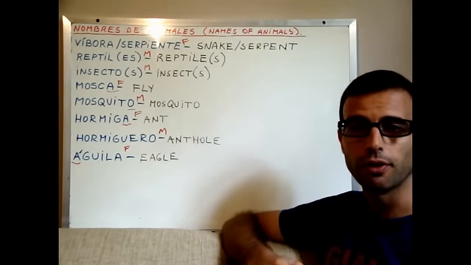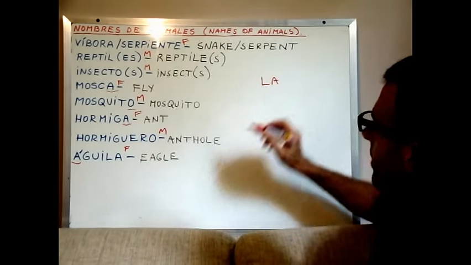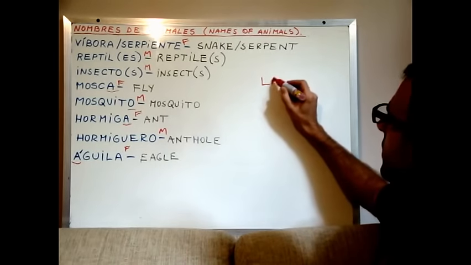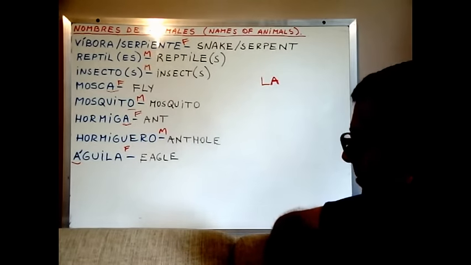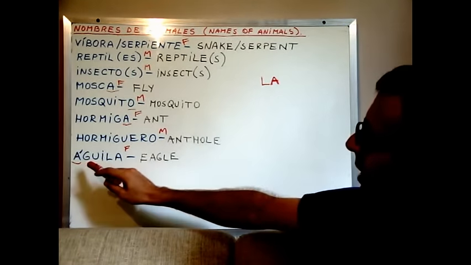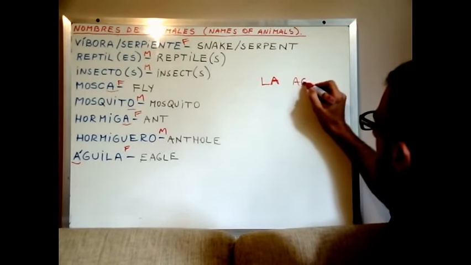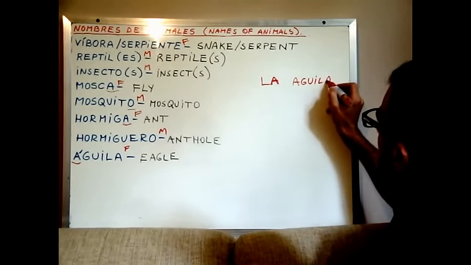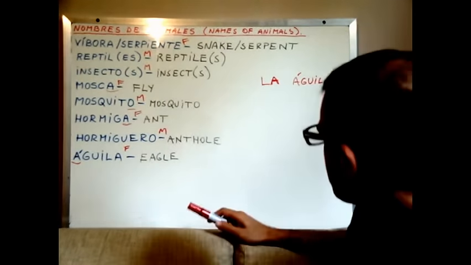The article for the feminine nouns is la. La is the definite article for feminine nouns. So the eagle would be la águila, okay? Or that's what we suppose it should be.